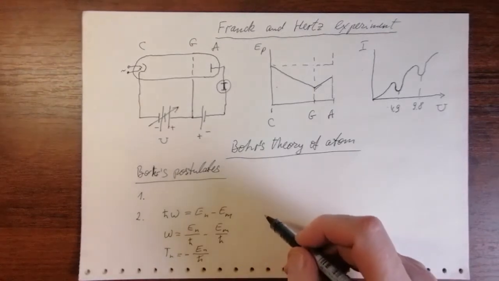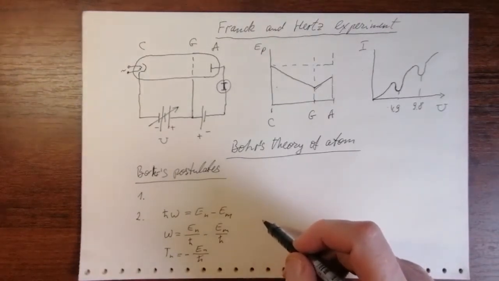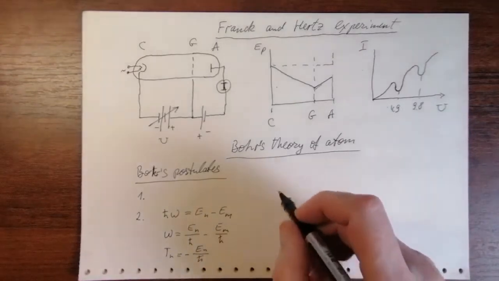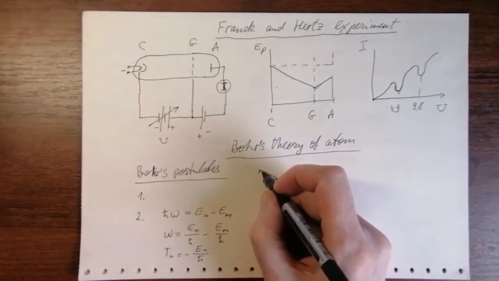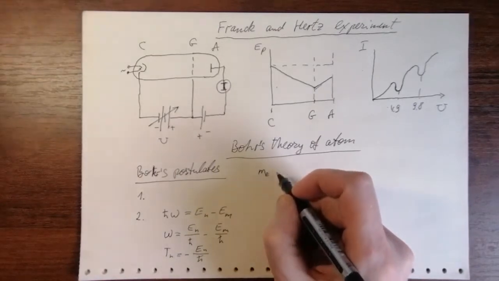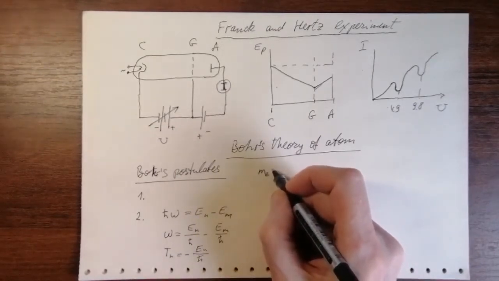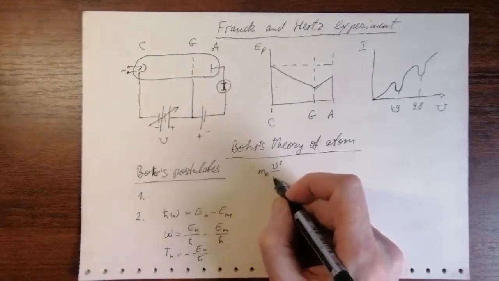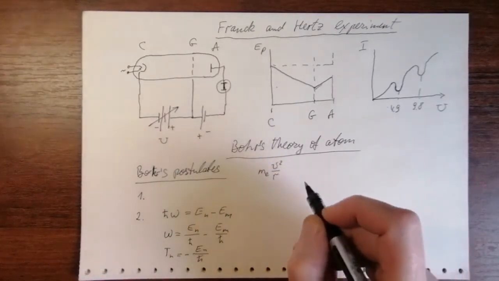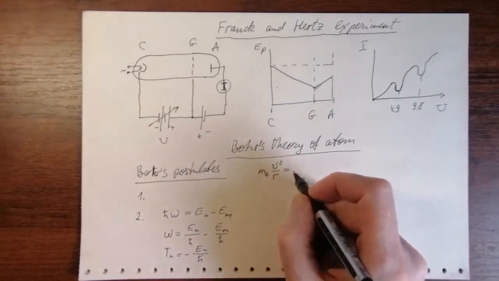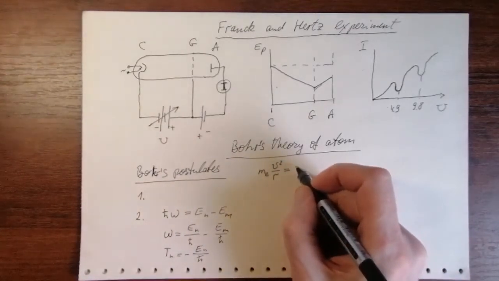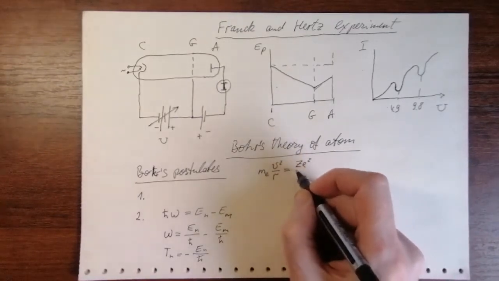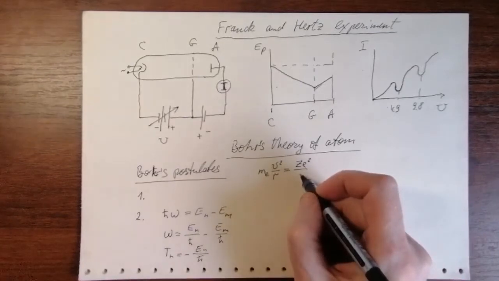Indeed, if we consider the Newton equation for movement of an electron on some fixed orbit, so if me is the mass of the electron, then this is the acceleration on the movement on a circular orbit, and this is equal to the force exerted from the nucleus on the electron.